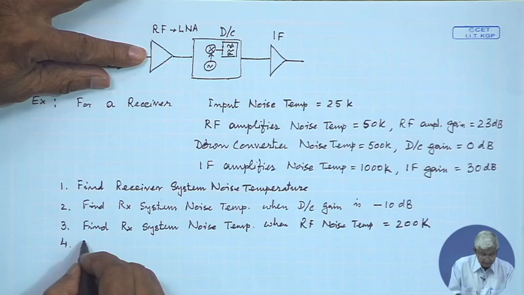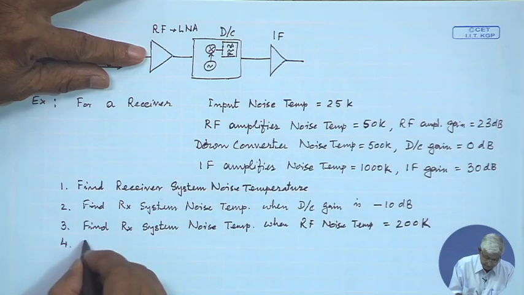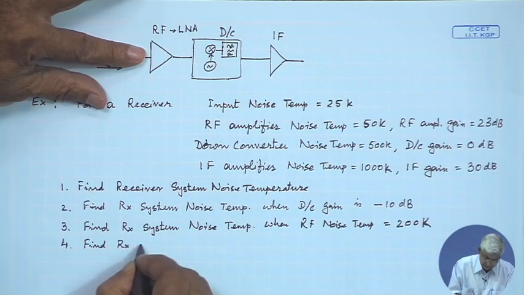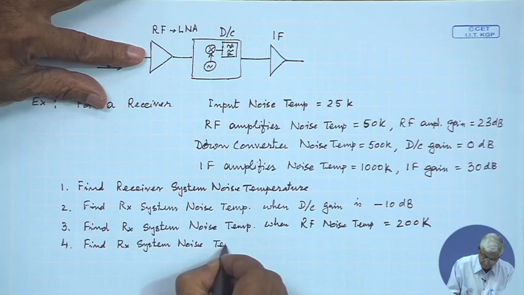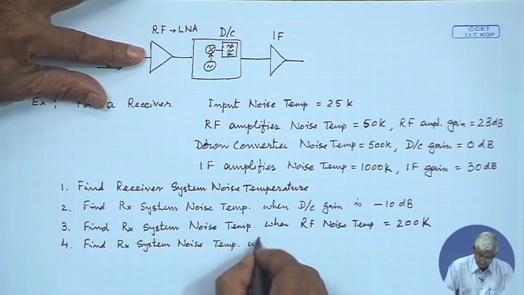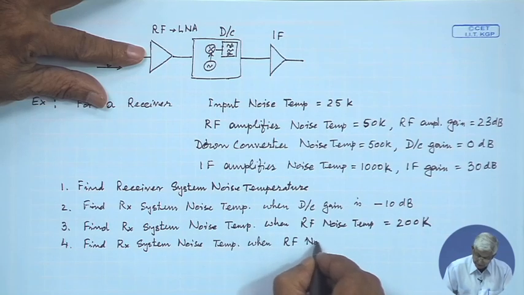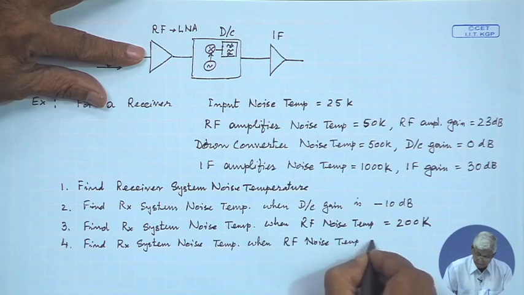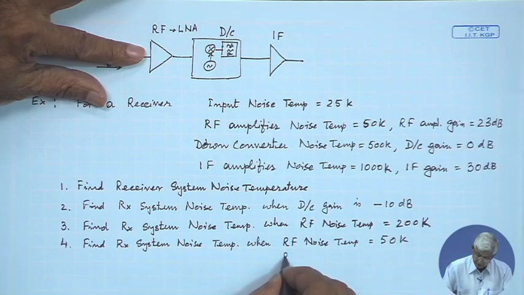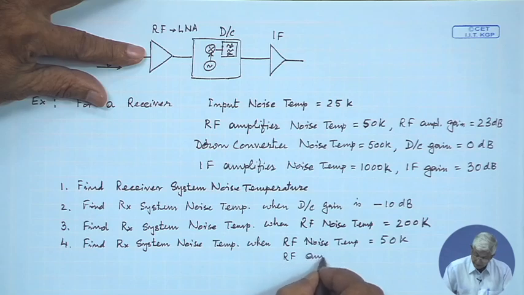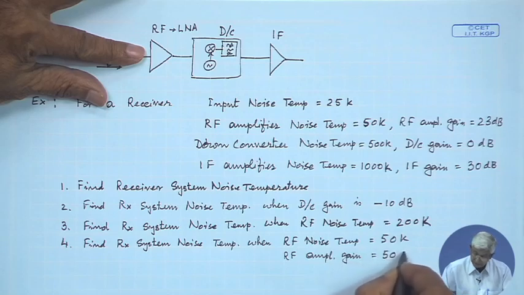And then let us go back to the RF noise temperature being the same. Find the receiver system noise temperature when the RF noise temperature is back to the 50 K value, and the RF amplifier gain is increased to 50 dB.